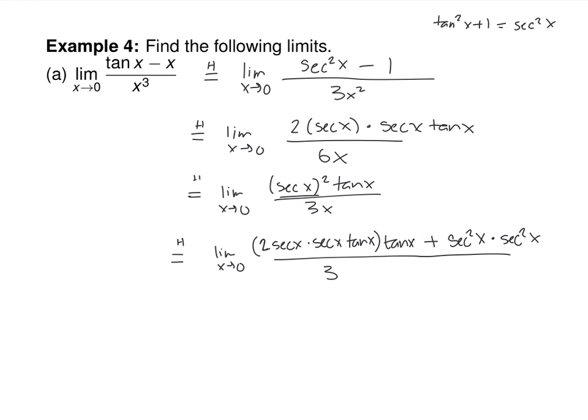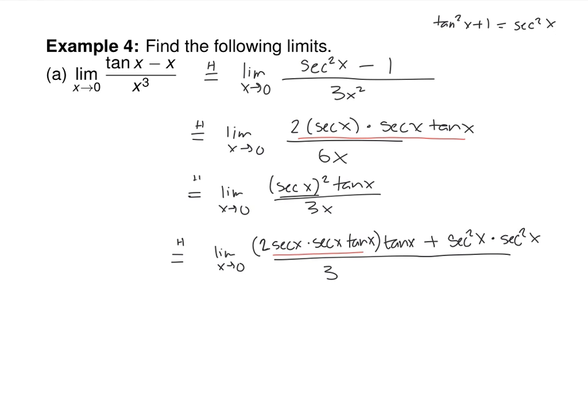Ask yourself if you believe that. Well, notice how this matched that, right? So the derivative of secant squared, we just did it again. Okay, now you can plug in 0.